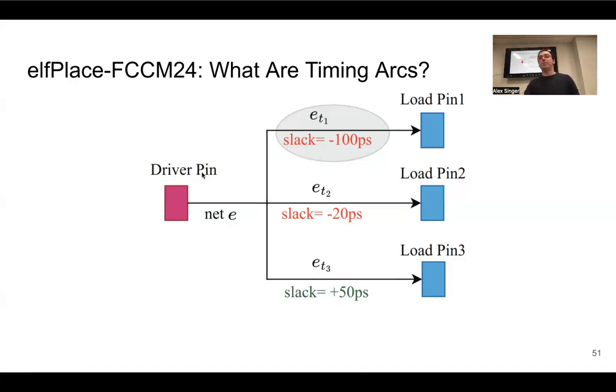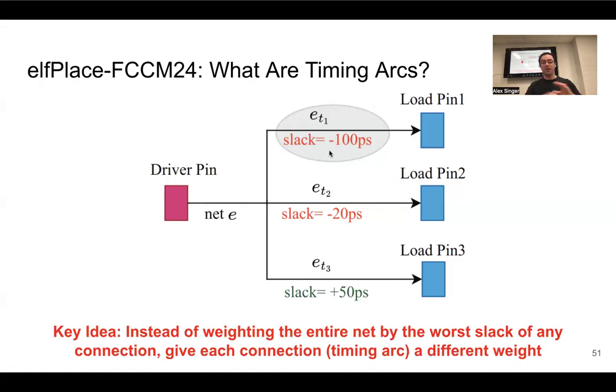So what are timing arcs? Normally, if you're doing net weighting, you would want to get the most critical arc inside of a net, which in this case would be negative 100 picoseconds. But what they argue in the paper is that instead of weighting the entire net by the worst slack of any connection, if I had a really bad connection, I should try to bring that one in.